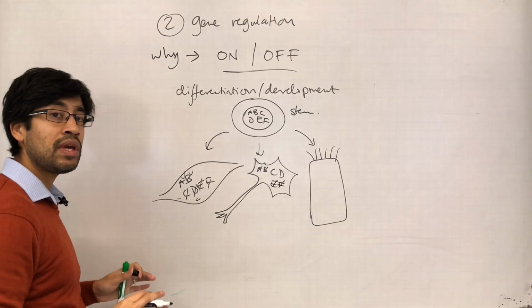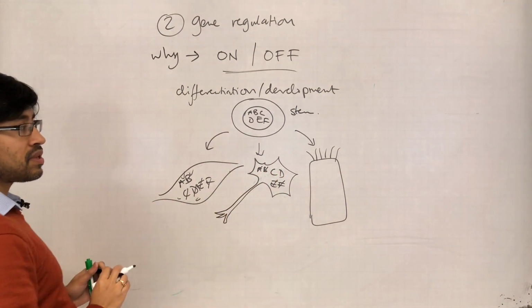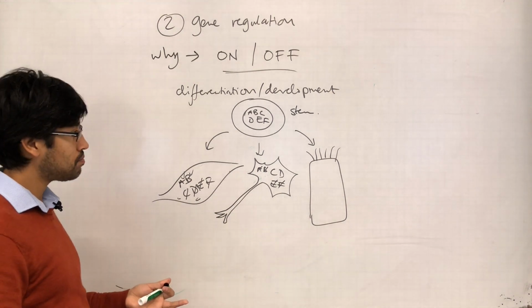Expression of genes C and D will cause this cell to make the right proteins to behave as a neuron.